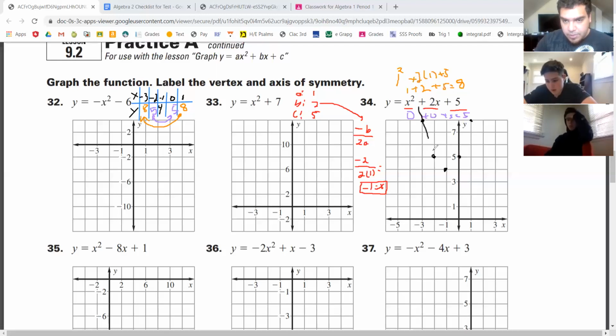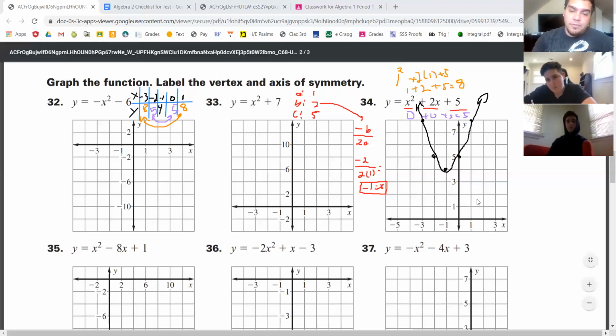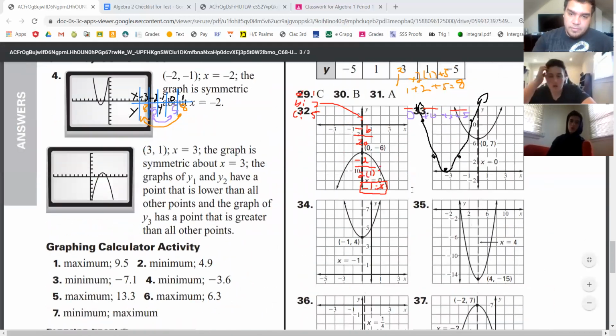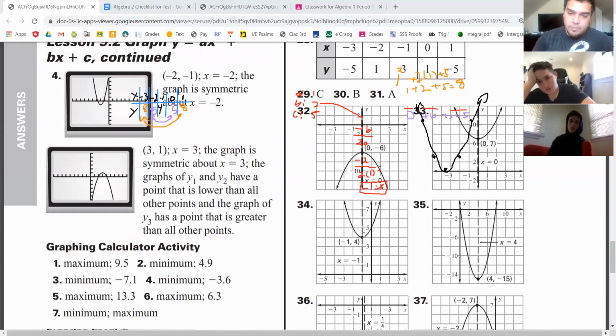Then we make our U shape. And that's how your graph should relatively look. And this is 34 from part A. Hey, look at that. That looks the same.